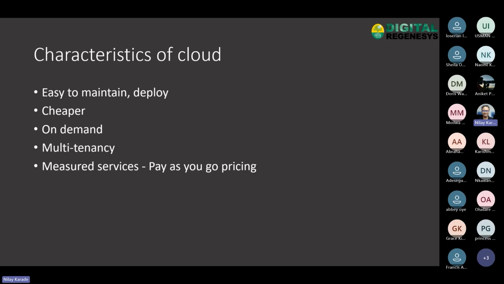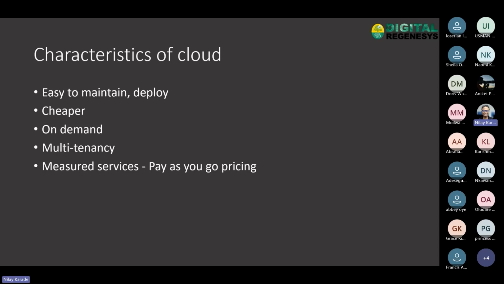Let's say initially I had 10 servers. Let's say I run e-commerce websites. Throughout the year, I only require 10 servers, but during the festive season, maybe during Christmas, because of the huge traffic, I have to double the number of servers, say to 20.